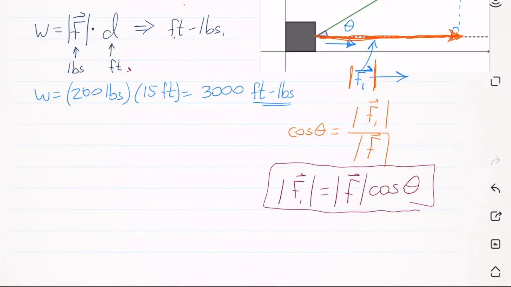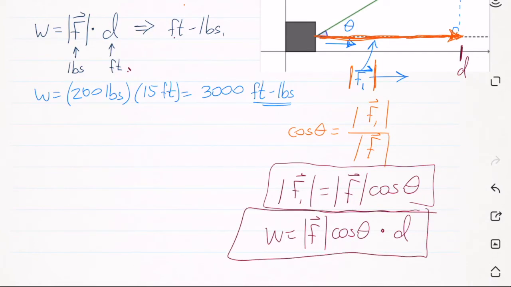And then if I know what this distance that I'm covering, this d, then the work is just going to be this force that I just found, which is the original force cosine of theta. That would be your force, and then times distance. So it gives you this formula for off-angled forces, where F is the original force vector, and cosine of theta just drops it down to be the right size for the resulting force.